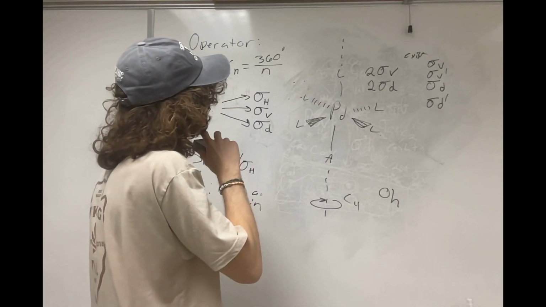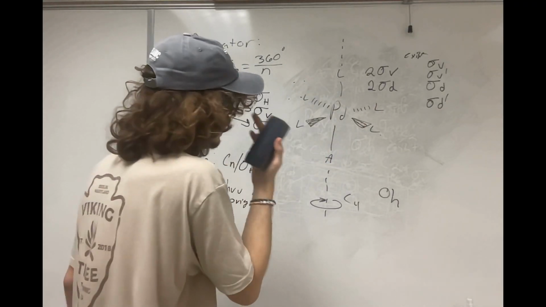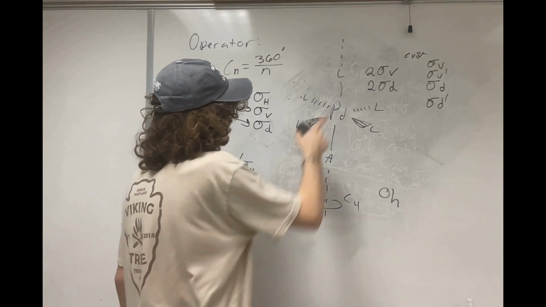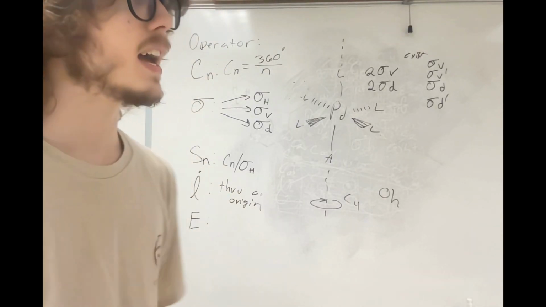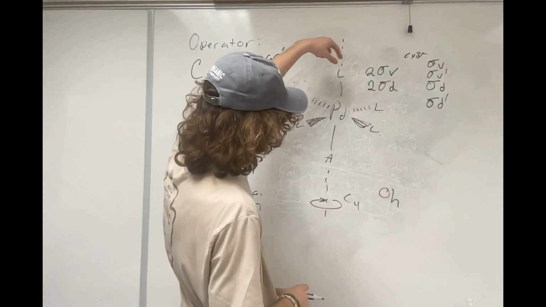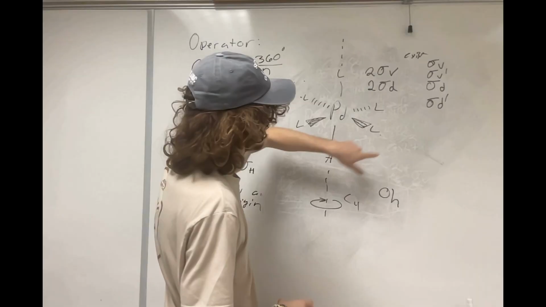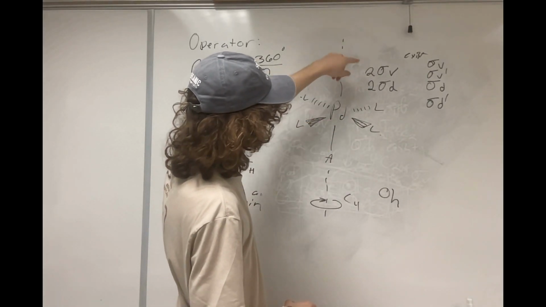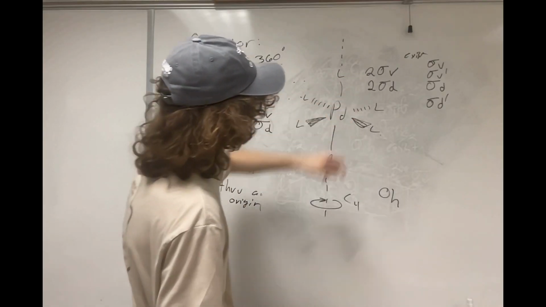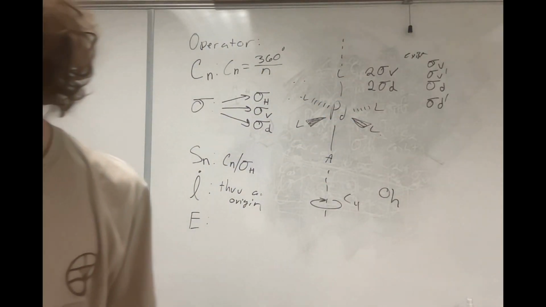Are we allowed to say that? Yep, sigma h falls out. But there are still sigma v and sigma d. Please see why that is true, because this thing is not changing its position as we begin to rotate this and look at the subsequent sigma v and sigma d planes.